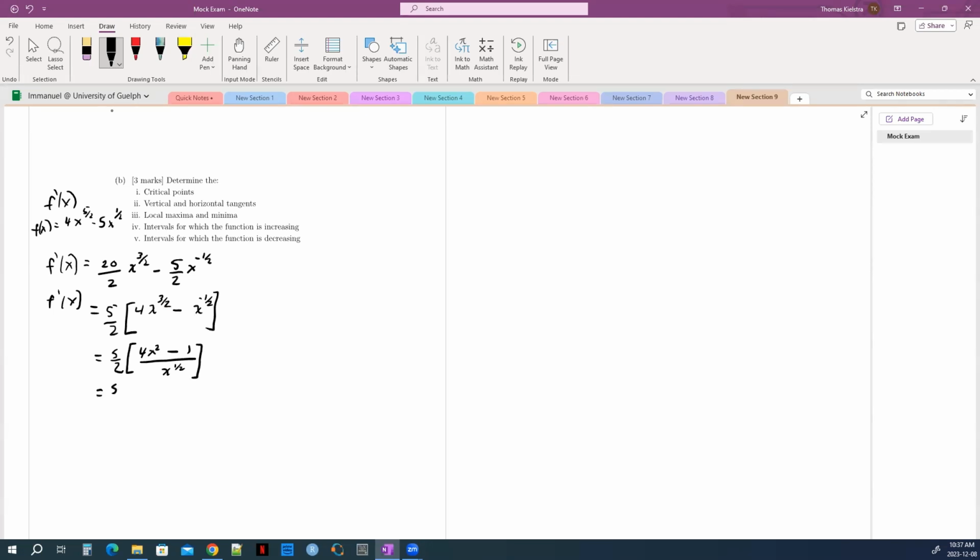And here we get 5 over 2, and this 4x squared minus 1 is going to factor to give us 2x minus 1, 2x plus 1, all over x to the 1 half.